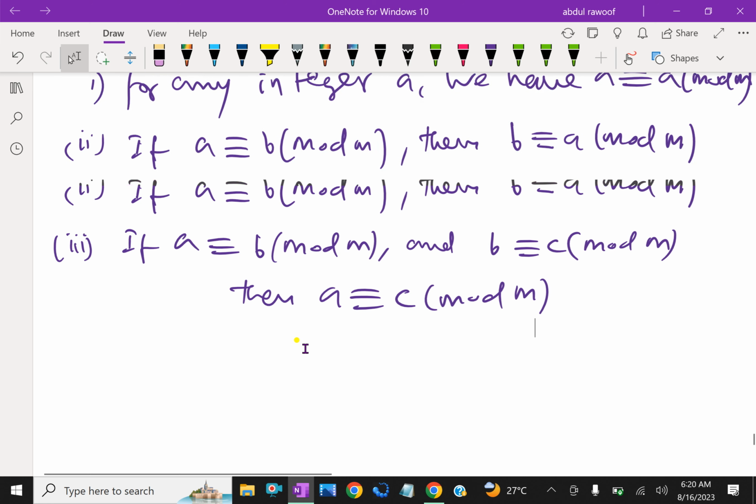In other words, the residue class of a is the set of all integers that are congruent to a modulo m. We call [a] the residue class of a modulo m. Some people call the bracket a the congruence class or equivalence class modulo m.